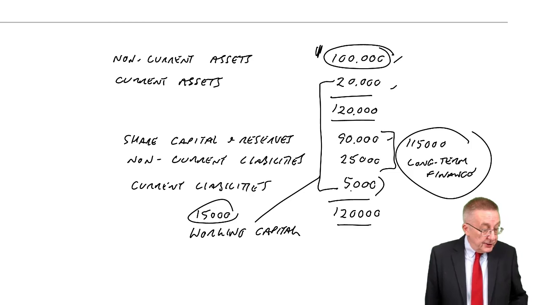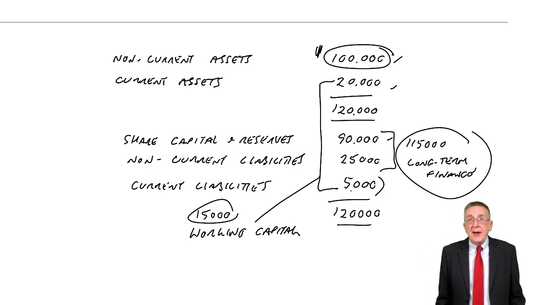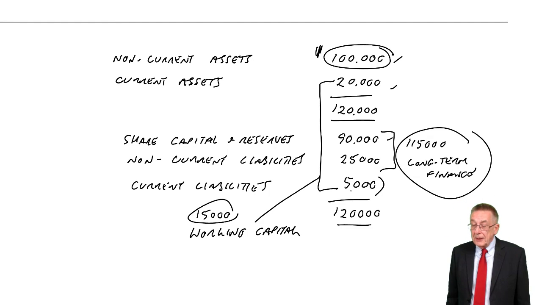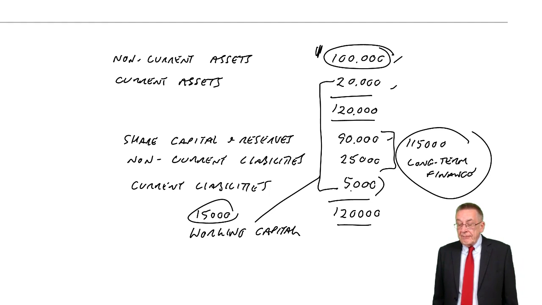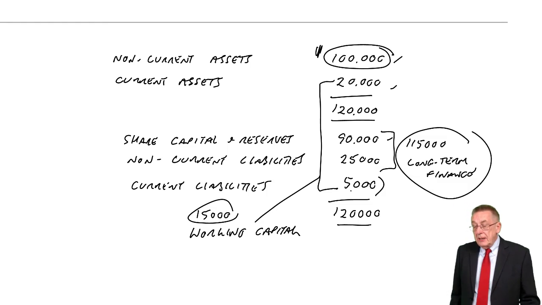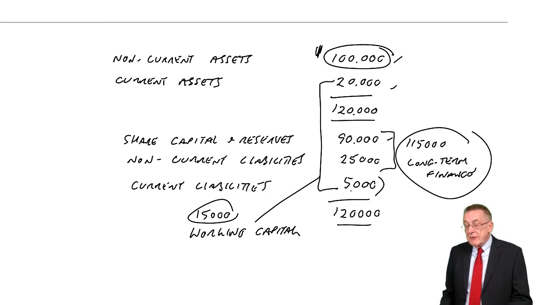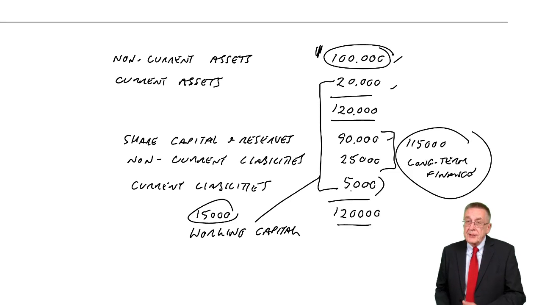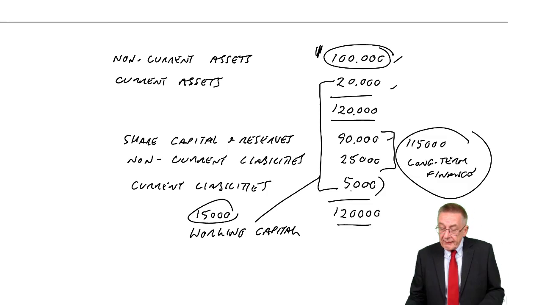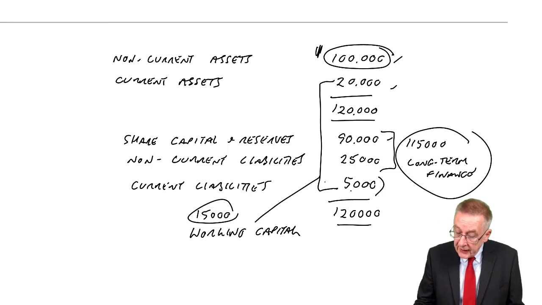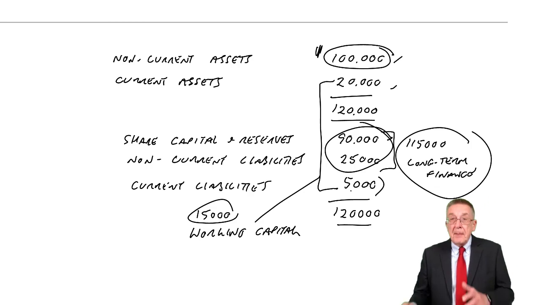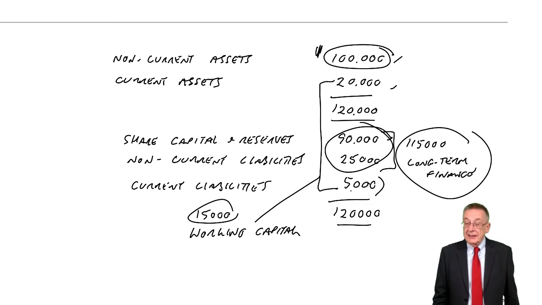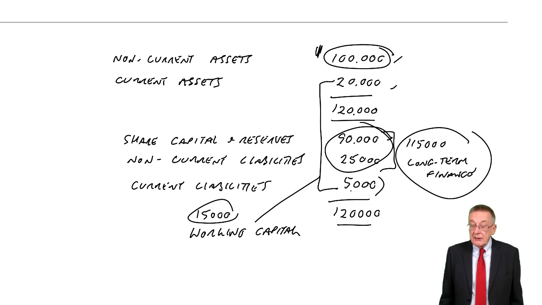If you look over the page, though, at paragraph 4, it talks about the financing of working capital. Now, you see, in the simple statement of financial position that's on the screen at the moment, that 15,000 has all been financed by long-term finance, share capital and reserves, non-current liabilities.